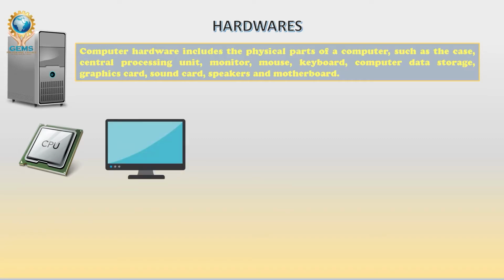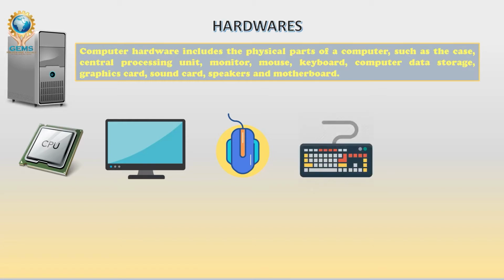After that, the monitor. It is the output device which shows what work we are doing on a PC. After that is a mouse. It is a pointing device, an input device that we use to point, select, drag or drop things using a cursor.